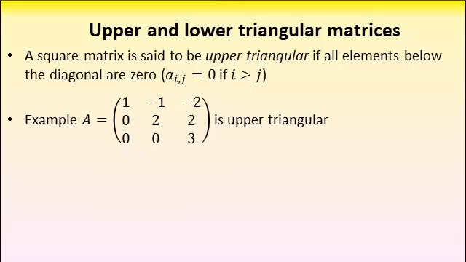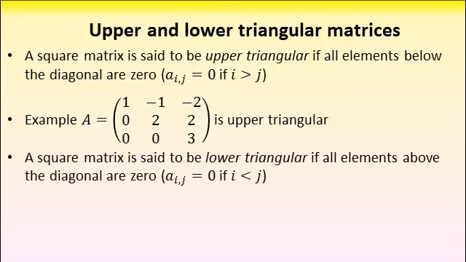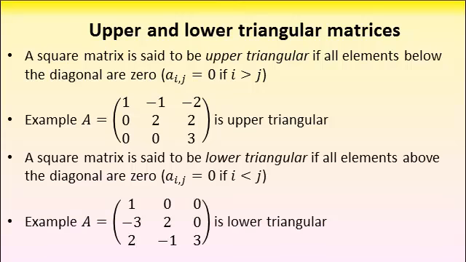Similarly, a lower triangular matrix is a matrix where all the elements above the diagonal are 0. So here's an example of a lower triangular matrix. This guy has only stuff below the diagonal. Everything above it must be 0. And again, the non-zero elements form a triangle in the lower part of the matrix.